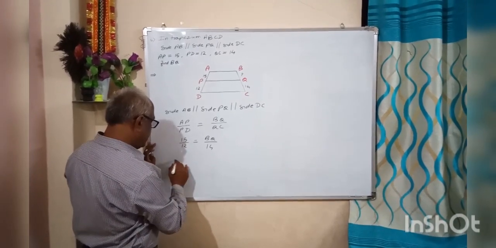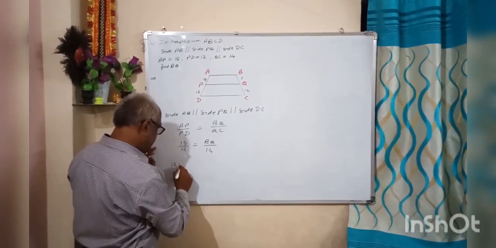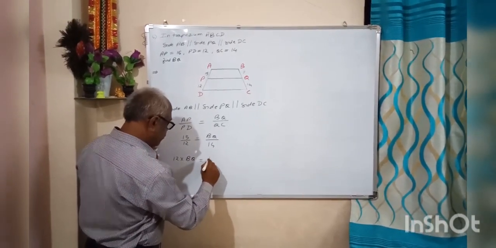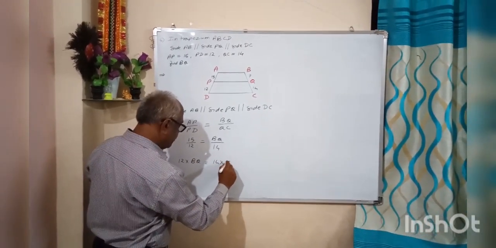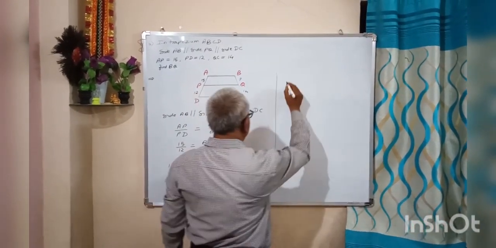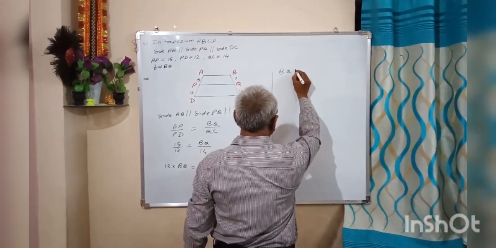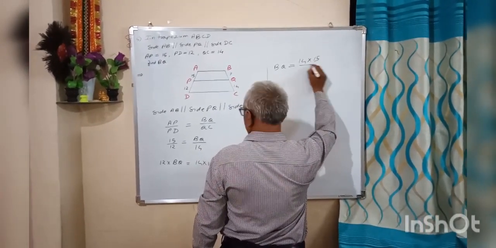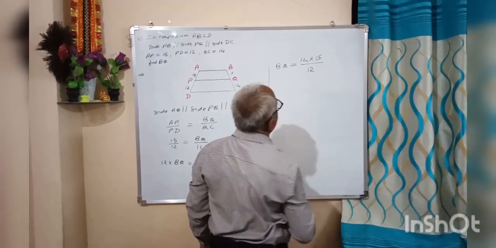Now put the values. AP is 15, PD is 12, is equal to BQ, which we are going to find, upon QC, which is 14. Therefore, by taking cross product, 12 into BQ is equal to 14 into 15. Therefore, BQ is equal to 14 into 15 upon 12.